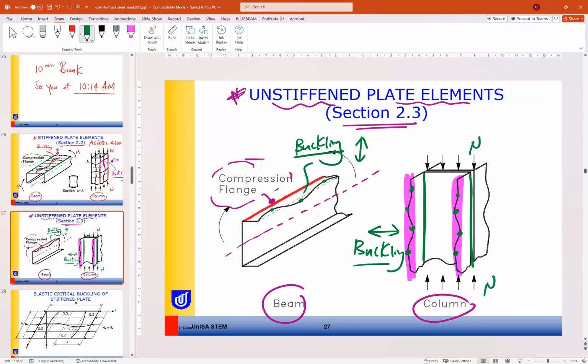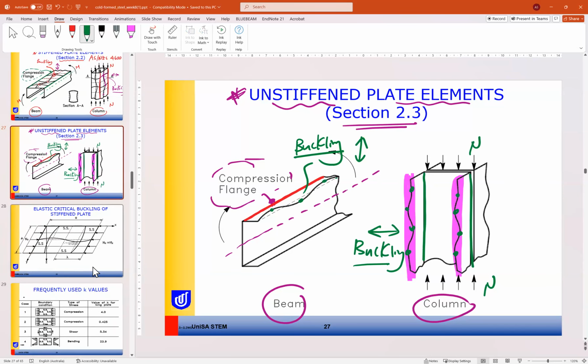So you can see how much the difference is between the two cases for stiffened and unstiffened plate. So in the buckling behavior or in the calculations, we need to consider that the effective width is different for stiffened and unstiffened plate.